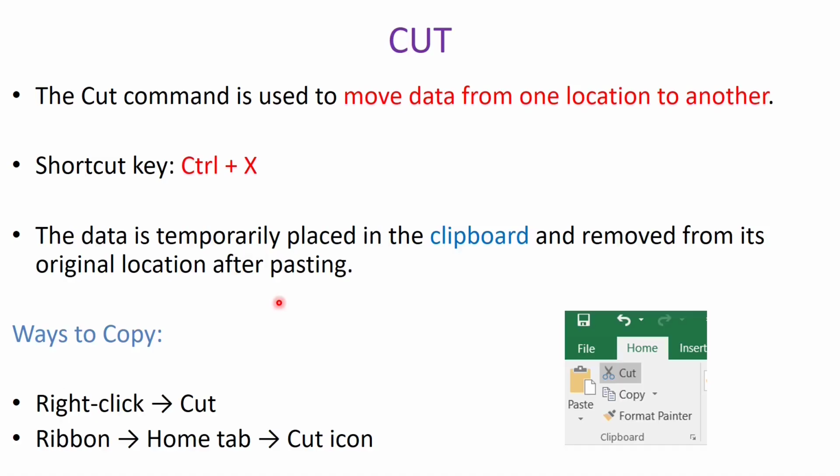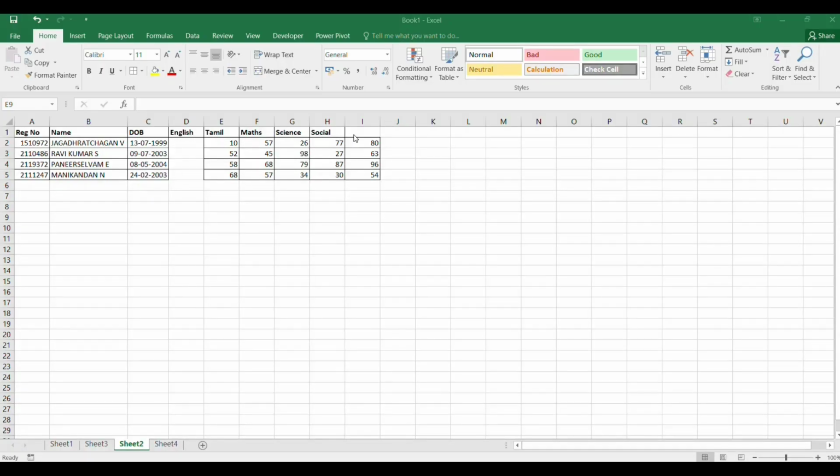This is particularly useful when data has been entered in the wrong place and needs to be repositioned. For example, if a student's marks have been entered under the wrong subject column, then the cut command allows you to relocate them to the correct column without having to retype.